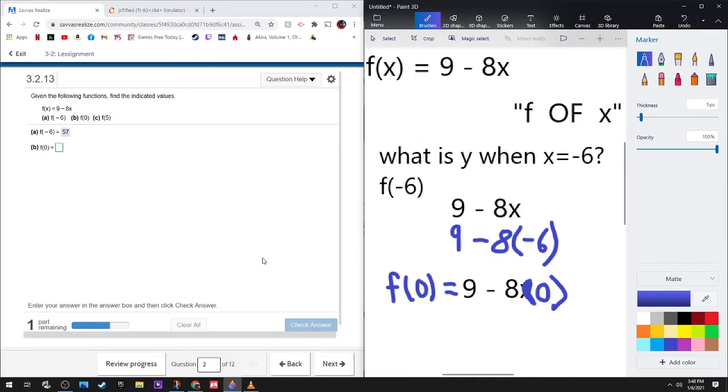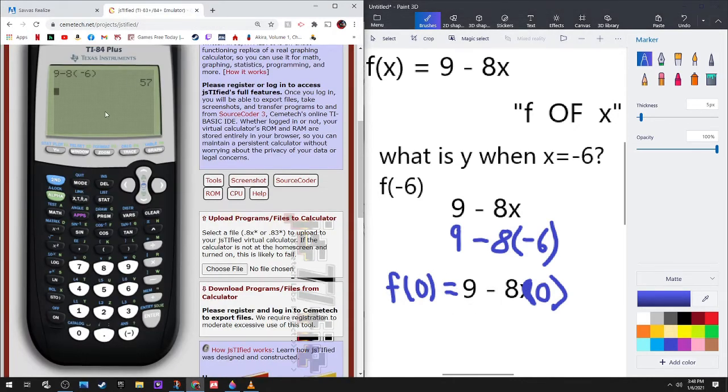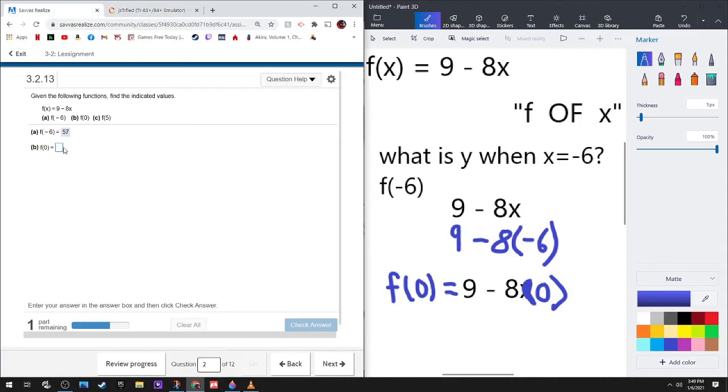So if we do the order of operations, we do the 8 times 0 first, and that's 0. So 9 minus 0, we should just get 9. But again, we can go to our calculator and type this in. All right, I was trying to use my keyboard. It only does so much. I'm on my computer, not my actual calculator. This is a virtual calculator. All right, so yeah, I got 9, just like I said.